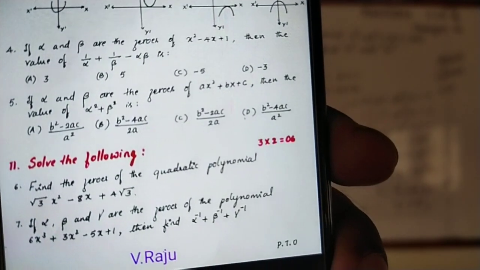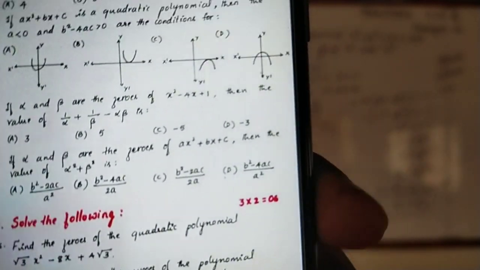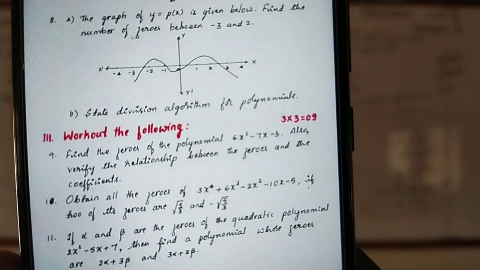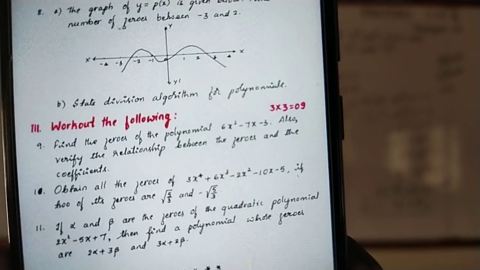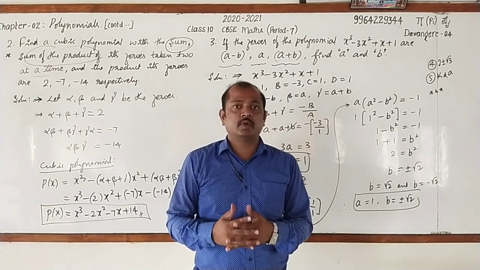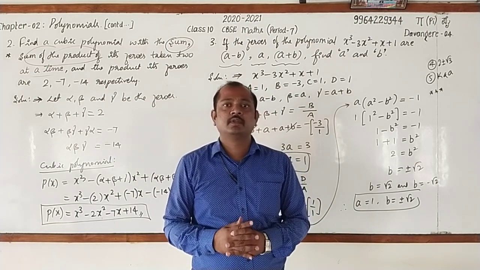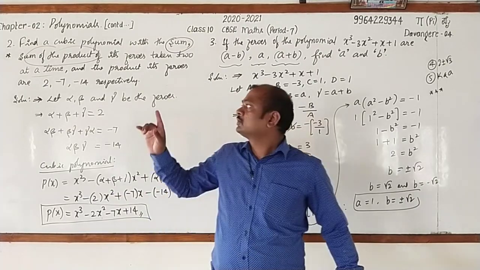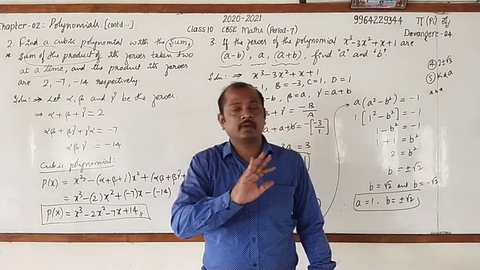Just go through this. Total 11 questions are there. So please work out these questions that I have given in the question paper. All are very important from the examination point of view. Okay. So the chapter has been completed.